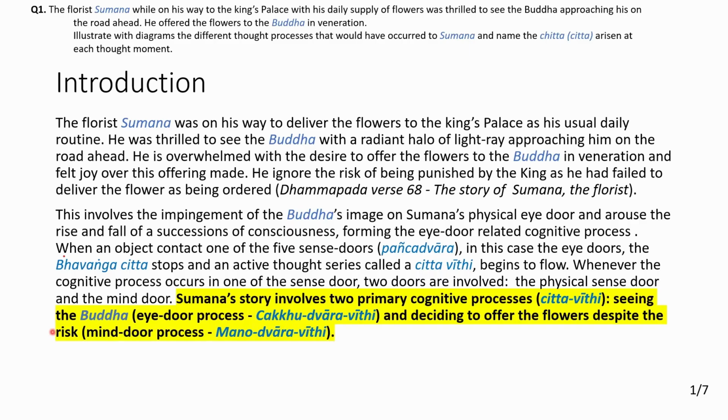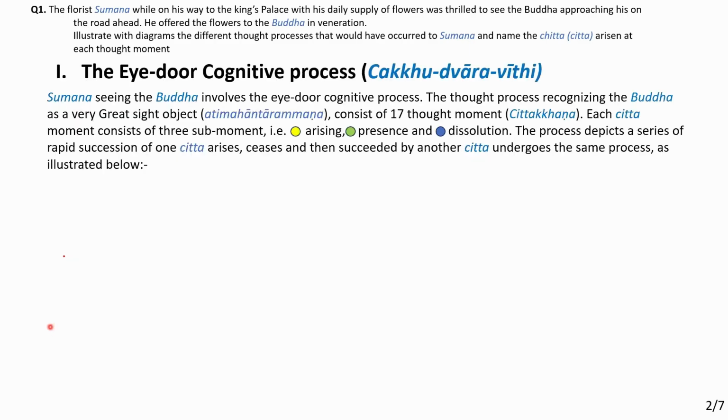This is the Mano Dvaravithi. So the eye door cognitive process is what we are going to touch first. Sumana seeing the Buddha involved the eye door's cognitive process.